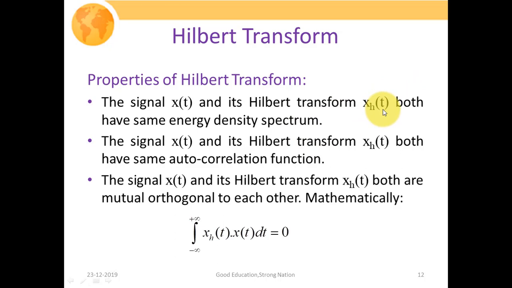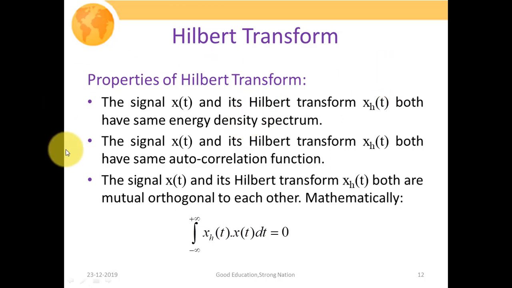So we can conclusively say that both x of t and its Hilbert transform xh of t have the same energy density spectrum. Since the energy density spectrum is the distribution of energy over the frequency domain, the energy of x of t and xh of t will have the same magnitude, and since they have the same bandwidth, both of them will have the same energy density spectrum.